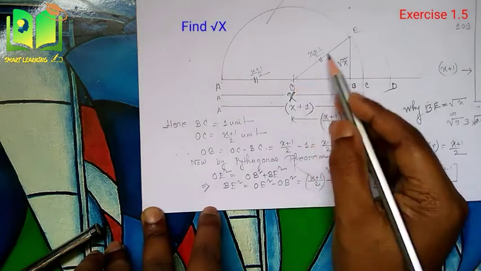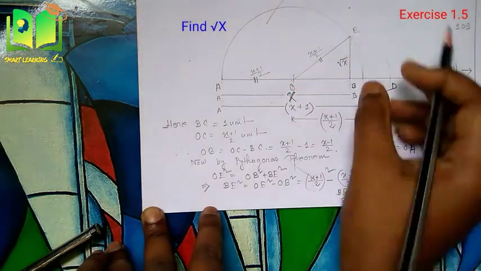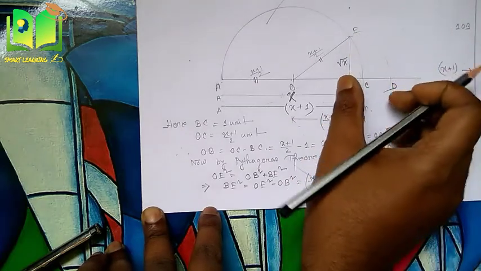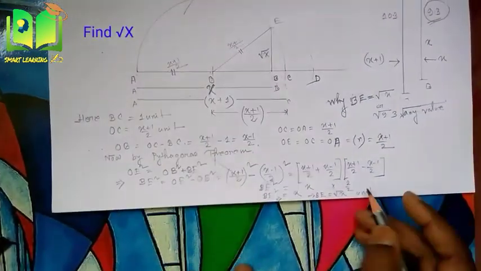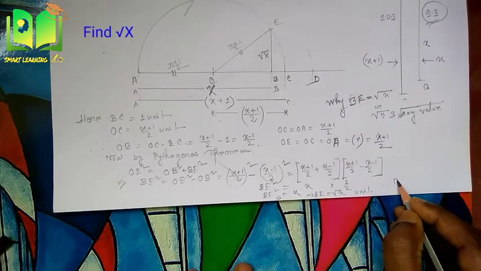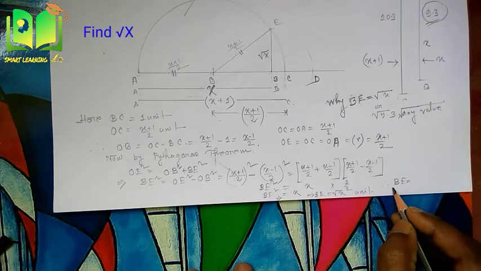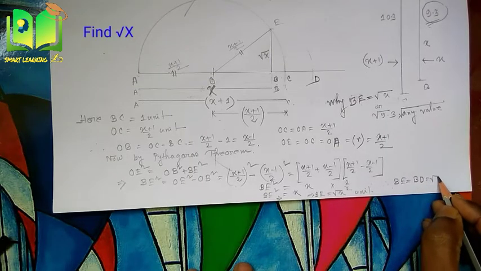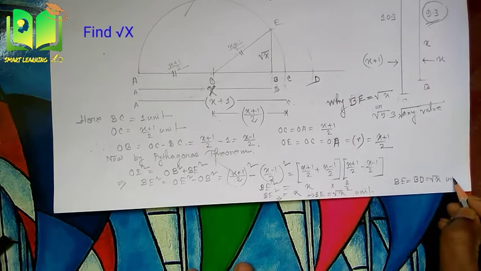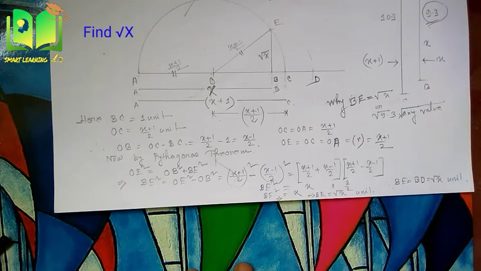So after constructing this BE here by compass, you can write therefore BD equals root x unit. Very easy. Watch the video again.